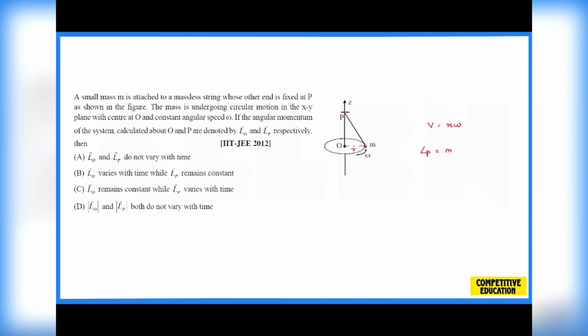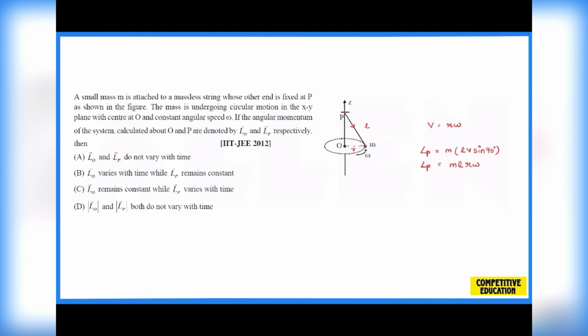Let the length of this string be L, so I can write this as m L V, and the angle between these two vectors will be 90 degrees. So this will come out to be m L, putting the value of V as r omega, it will be m L r omega. This will be the magnitude of the L_P vector.